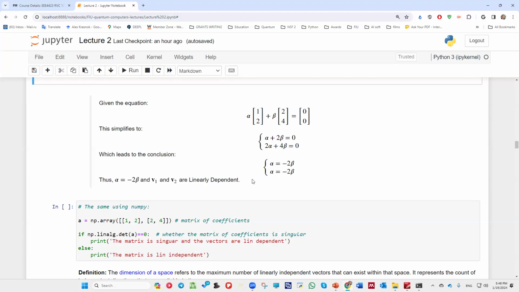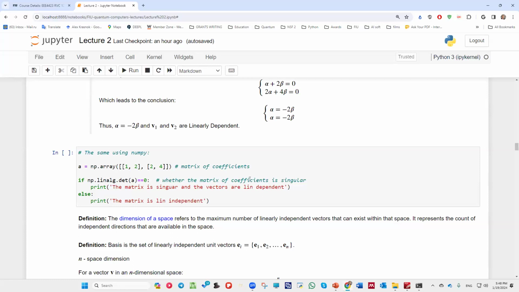Again, the set of these linearly independent vectors is not unique. You can simply rotate the space and get another set. But the number of these vectors is always the same for a particular space. Okay.